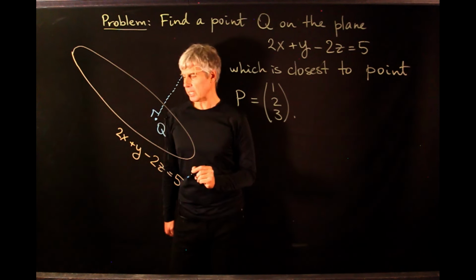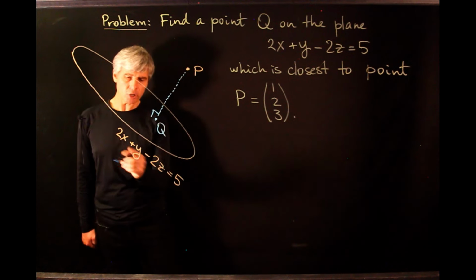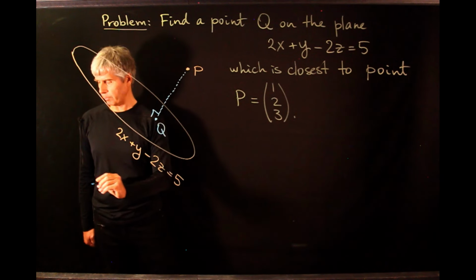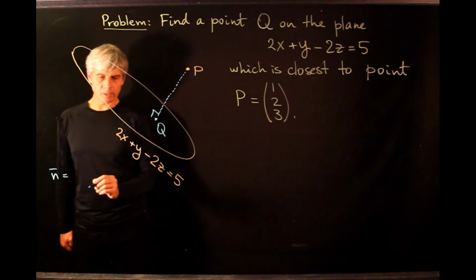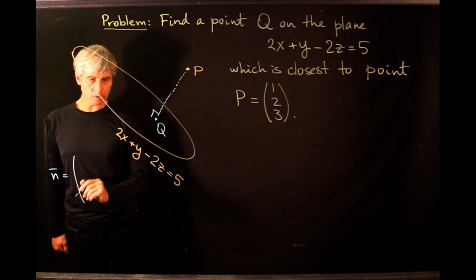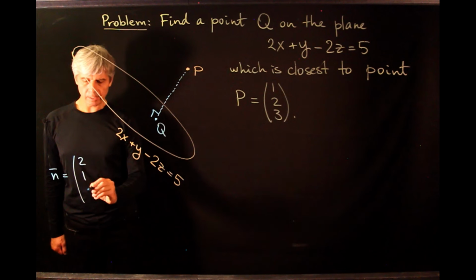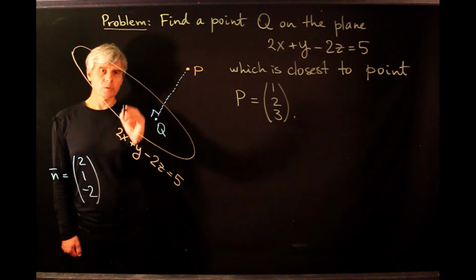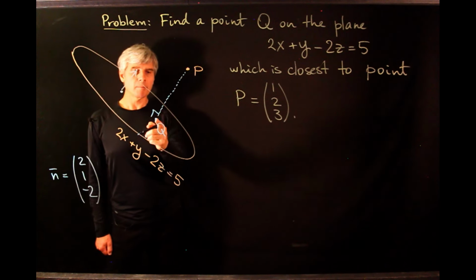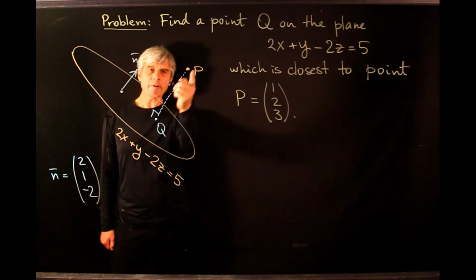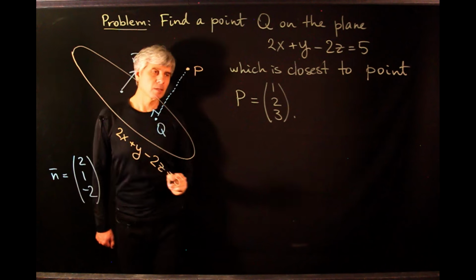Now, what helps us here is that we actually know the normal vector to the plane. From the equation of the plane, we see that the normal vector is going to be 2, 1, negative 2. So this will be a vector normal to this plane. But then this is the directing vector of this line.